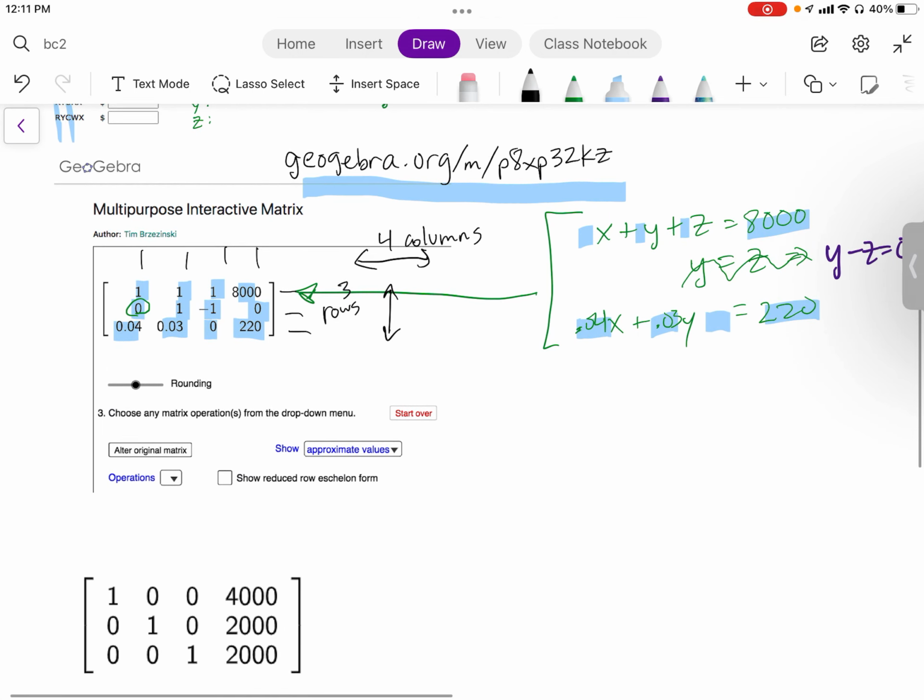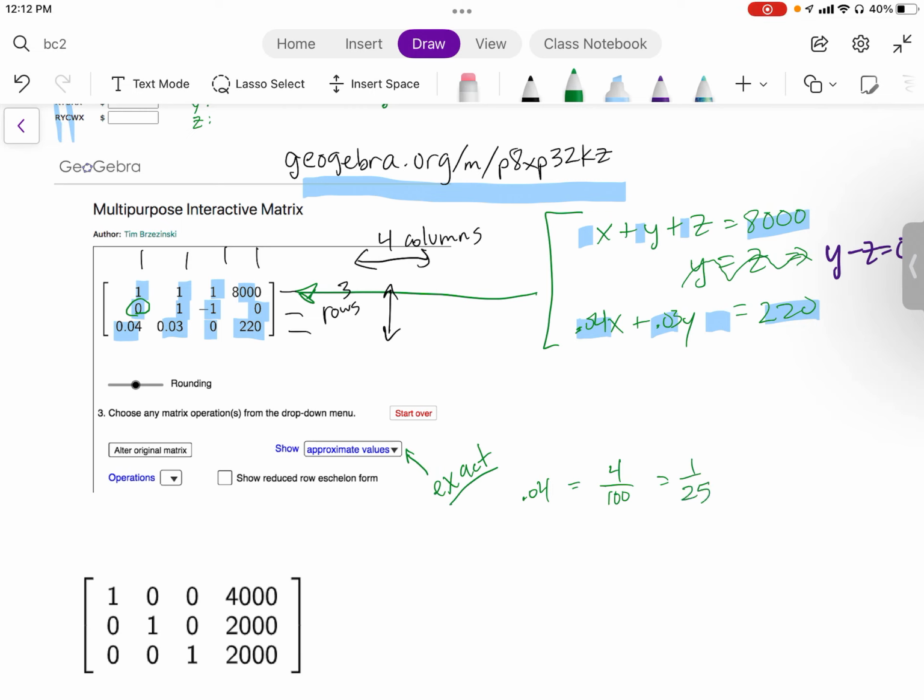All right, once they're in there, usually it defaults this setting here to exact, which we really do like, but an exact value like 0.04 as a fraction is 4 hundredths, so 1 over 25.